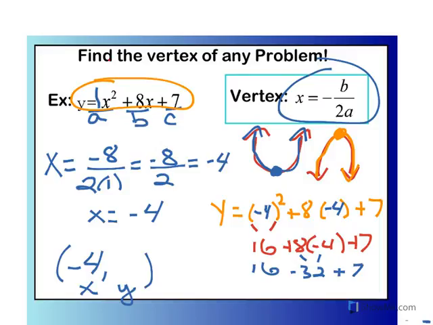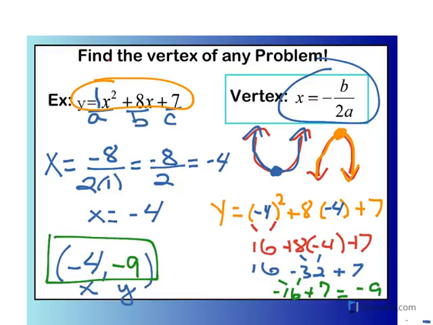If we continue solving, 16 minus 32 is negative 16. Negative 16 plus 7 is negative 9. So now that we have that y value of negative 9, we now know the vertex of this parabola occurs at the point negative 4, negative 9.